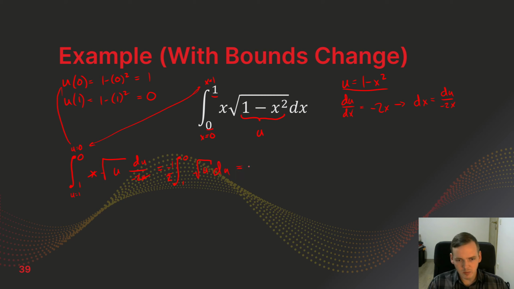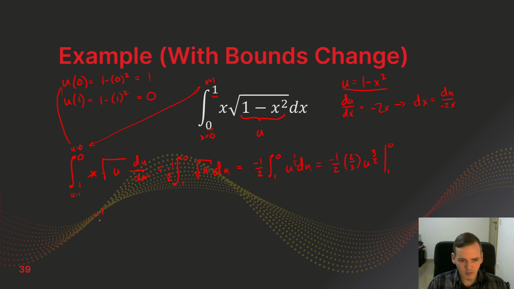So then that's going to be equal to negative 1/2 times the integral of u to the 1/2 du, which is going to equal negative 1/2. Add 1 to the 1/2, so that'll be 3/2 divided by that, so we get times 2/3, u to the 3/2. And then we're going to integrate that from 1 to 0. So those are our upper and lower bounds.